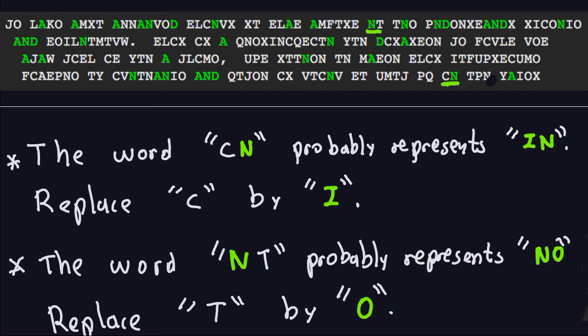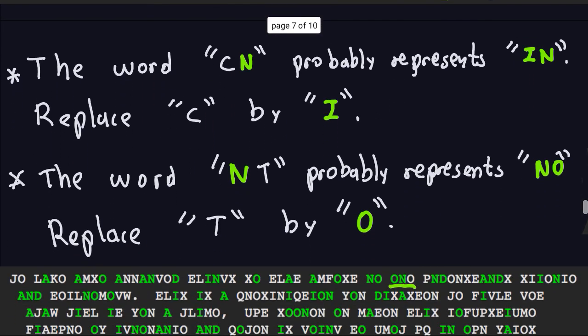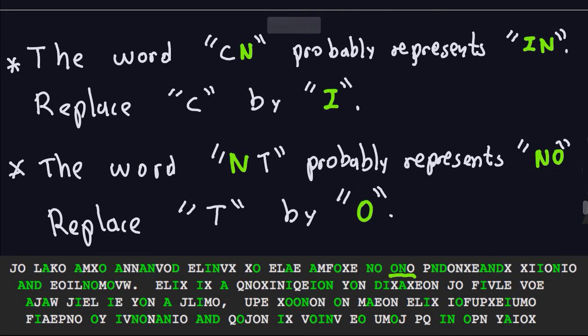So we're going to do two replacements in this case because we are looking at two different words. For the CN, we're guessing the CN corresponds to in, so replace C by I. And for the word NT that is up here, NT probably is the word no, so we're going to replace the T by O. So the next text that I'm going to show you is this one when I do these two replacements, C by I and T by O. So let's look at that one. So this is the new text that you see here.